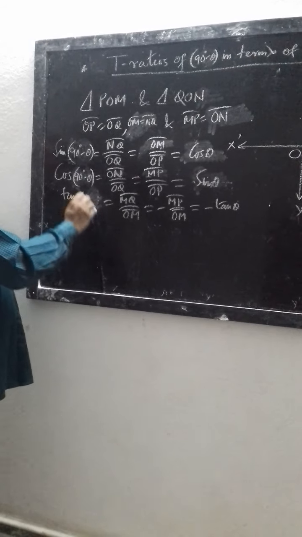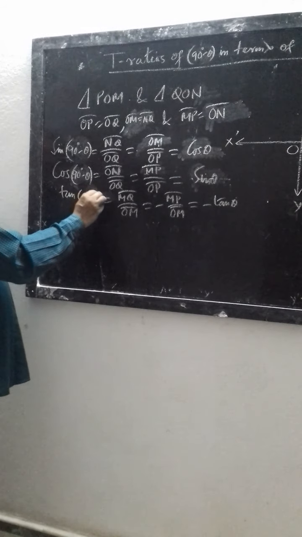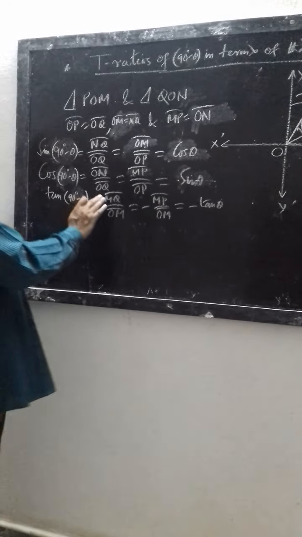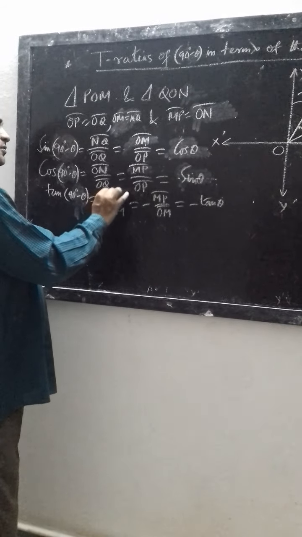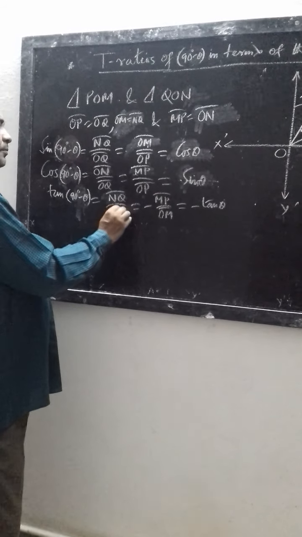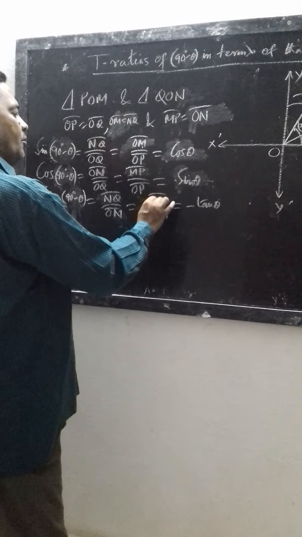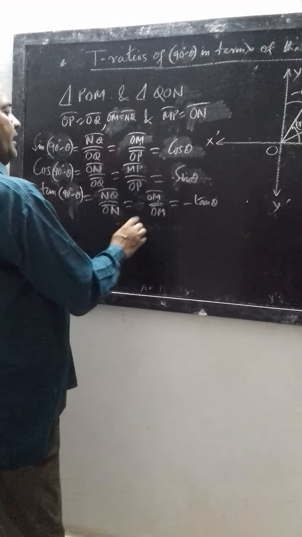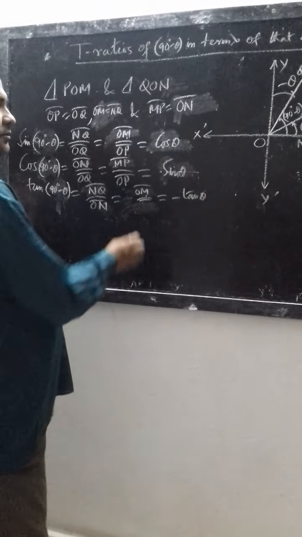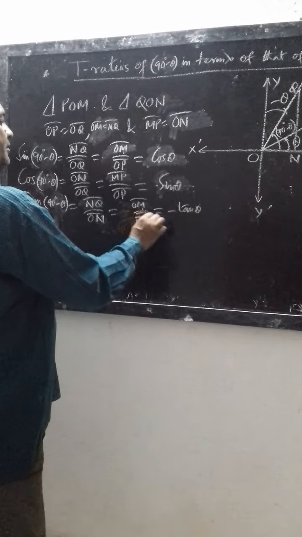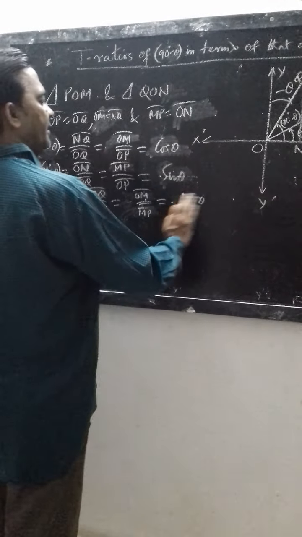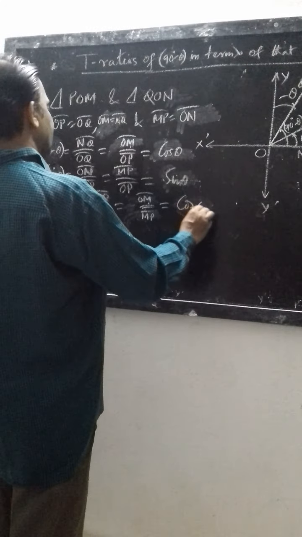And tan 90 degree minus theta equal to NQ by ON, NQ equal to OM and ON equal to MP. So OM by MP equal to cot theta, that is tan 90 degree minus theta equal to cot theta.